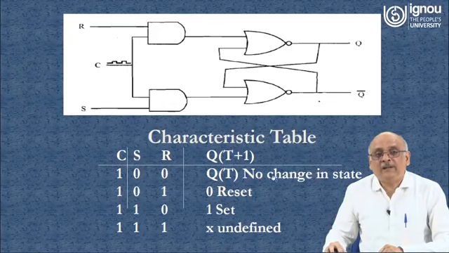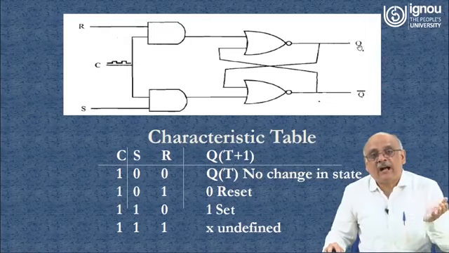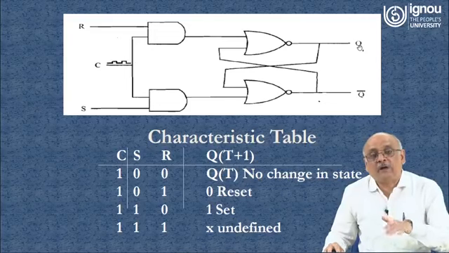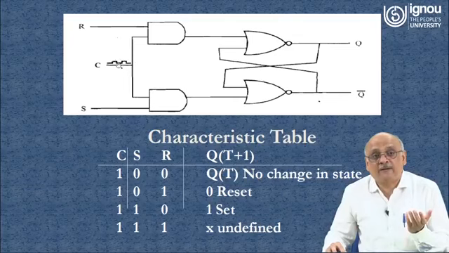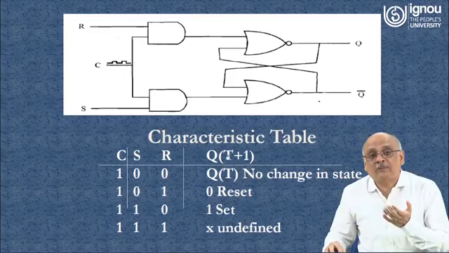What is going to happen? There will be no change in the state of the flip-flop. Q(t+1) is called the next state. That means after one clock pulse has completed, what is going to be the state of the flip-flop?